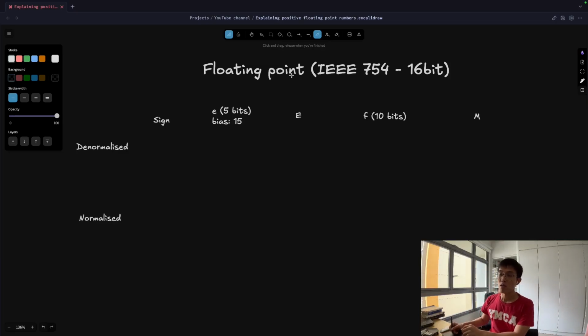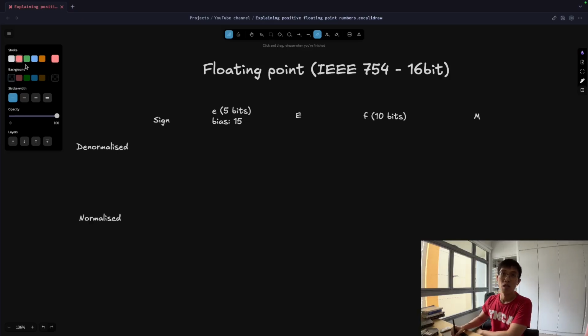I wanted to instead use an actual IEEE floating point specification, so that it's a little bit more real, I guess. So to start off with, there are 16 bits, but the question is how are these 16 bits interpreted by the computer? A floating point number is broken up into three parts.